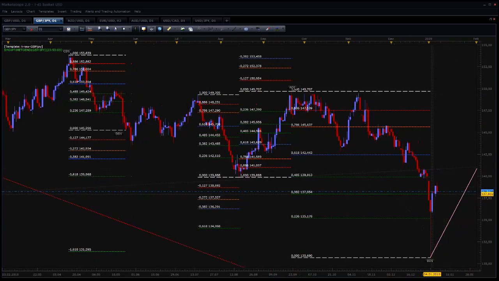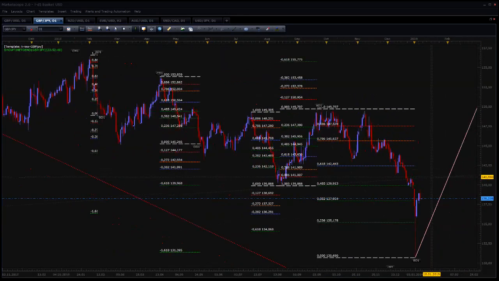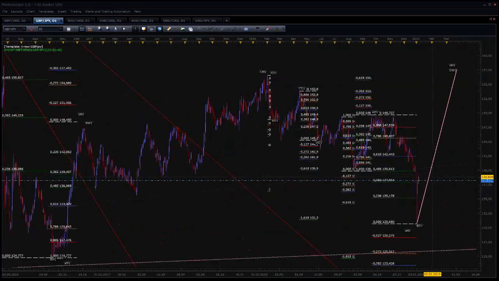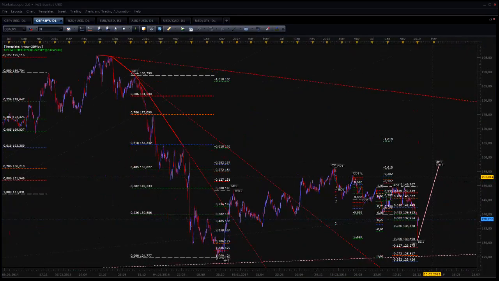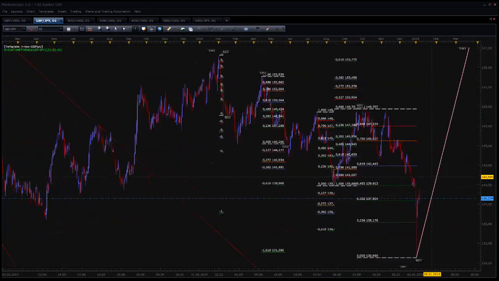And now market is in a retracement to define C. Whether it will or not, we don't know. We can't draw any trend lines except the counter trend lines.